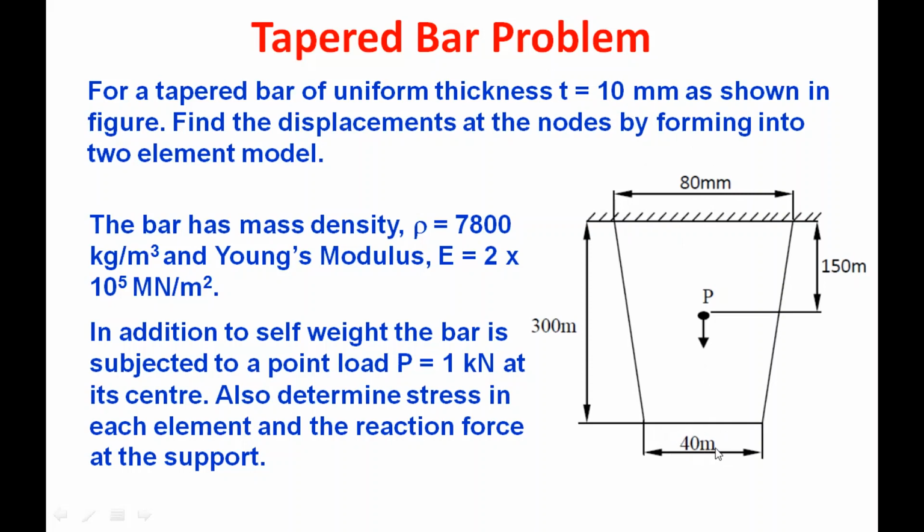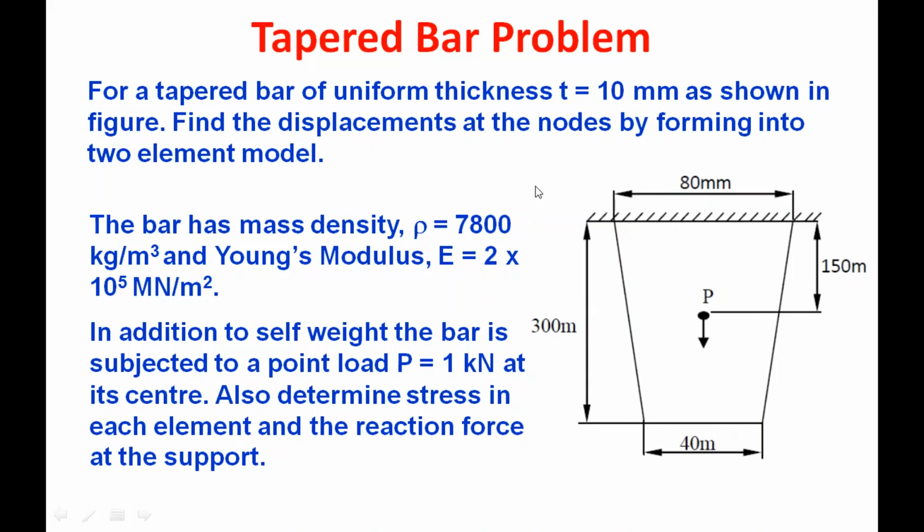Similarly, the bottom end is 40 mm, so 40 mm multiplied by the thickness 10 mm will be the area of cross section at the bottom end. The distance from the fixed end to point P where the load is acting is 150 mm, and the total length of the bar is 300 mm. All dimensions are in mm.